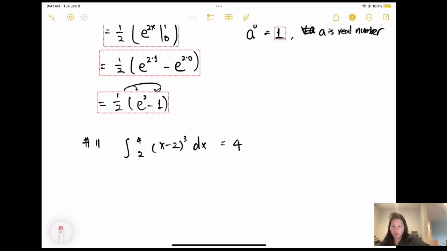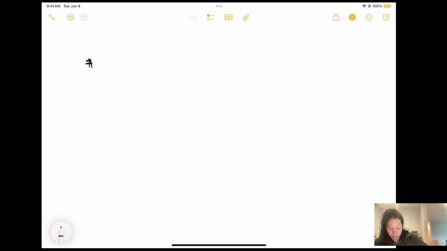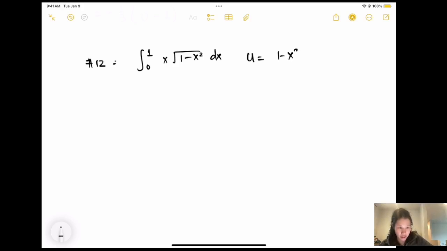I want to do number 12. Number 12 is the integral from 0 to 1 of x times the square root of 1 minus x squared dx. In this one, I will choose the substitution u equals 1 minus x squared. Now get the derivative: du/dx is equal to negative 2x. Now we want to solve for dx.